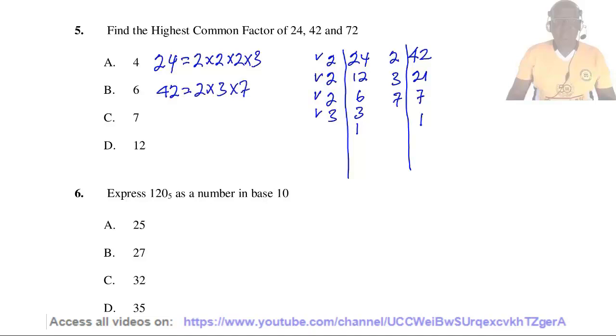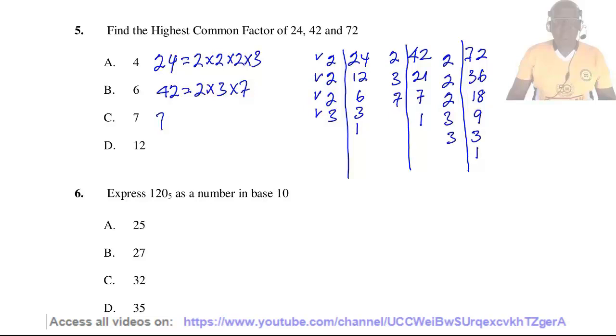Then 72. 2 goes in 36. 2 goes in 18. 2 goes in 9. 3 goes in 3. 3 goes in 1. So 72 equals 2 times 2 times 2 times 3 times 3.